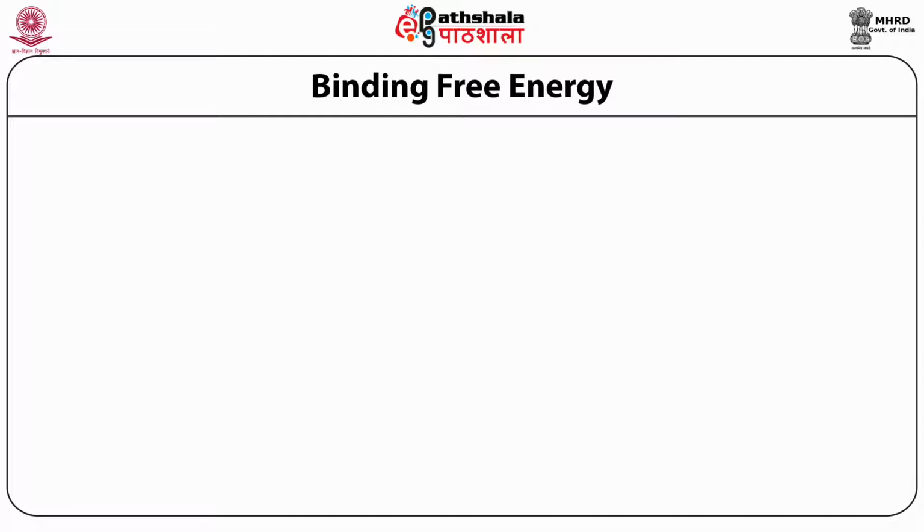We are most interested in biological phenomena, the binding free energy. And what is the binding free energy? Binding free energy is something which measures the efficiency of binding between one molecule and another, a ligand, or two ligands binding the same macromolecule, etc. How do we go about it?